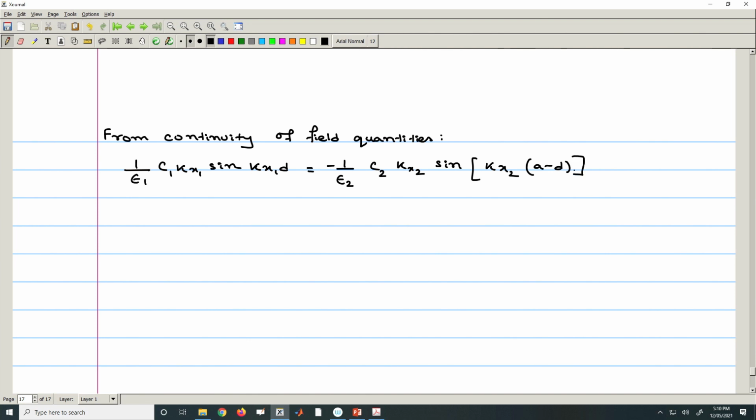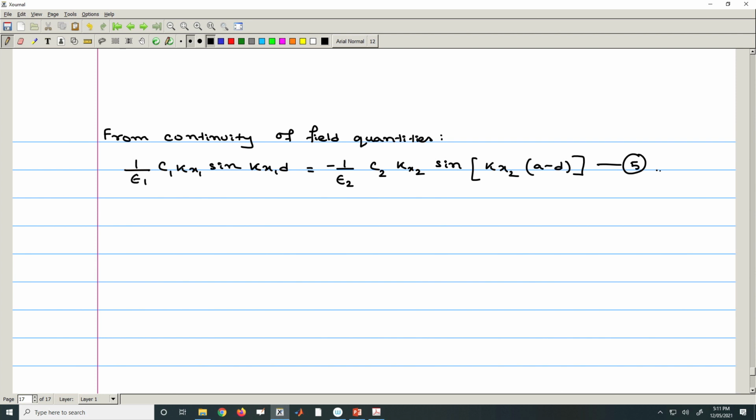That is, we are equating E y 1 and E y 2. Okay. So, we will get this. So, this equation we get from the continuity of field quantities.